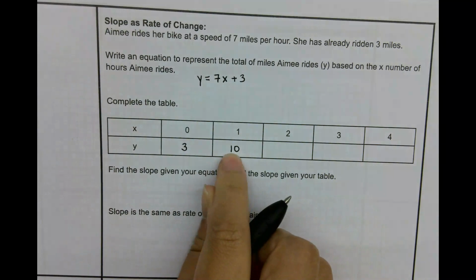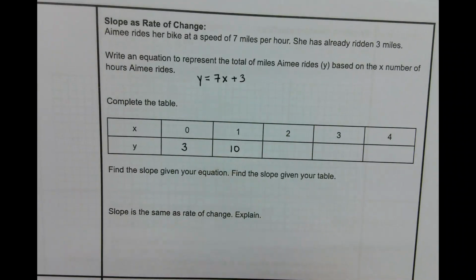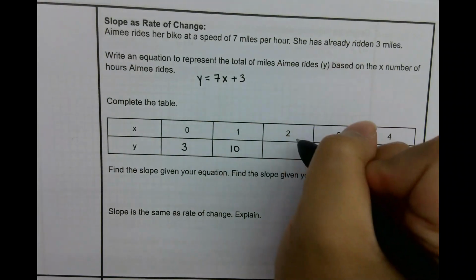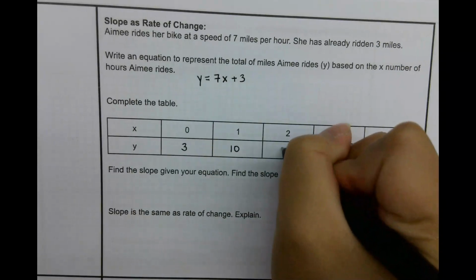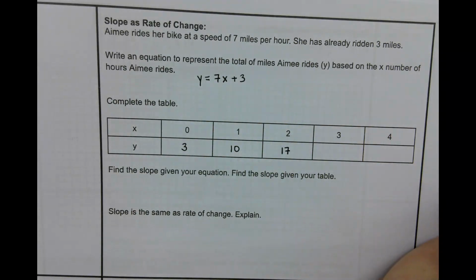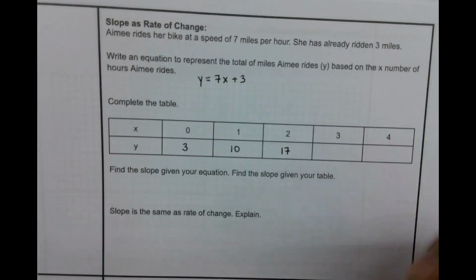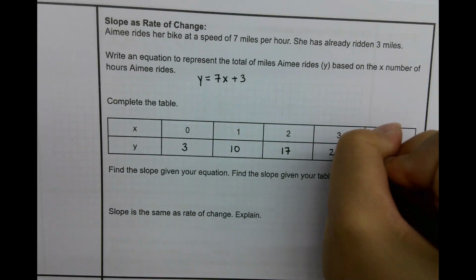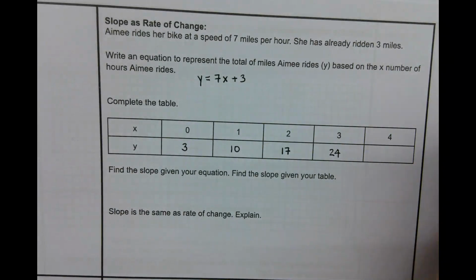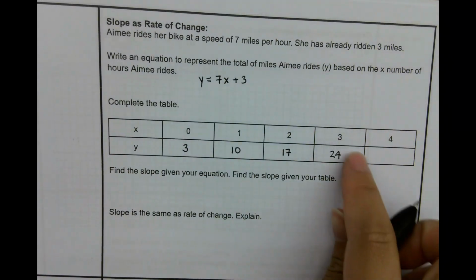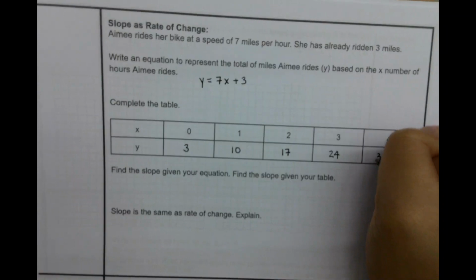So now, total of 10 miles. Another hour passes, she rides 7 more miles. 17 miles total. Right? Rides for another hour, she gets another 7 miles. That would be 24 miles. If she rides another hour, she gets 7 more miles, and she gets 31.